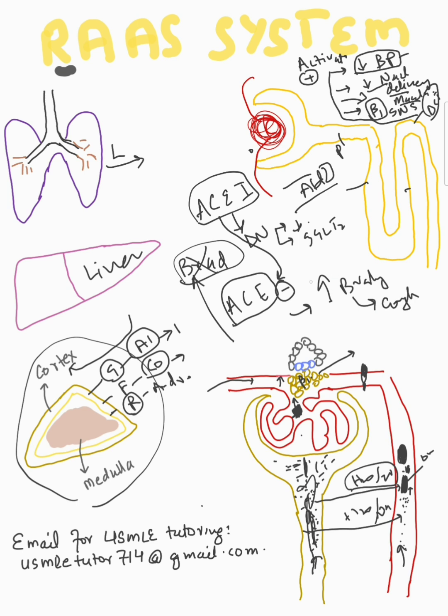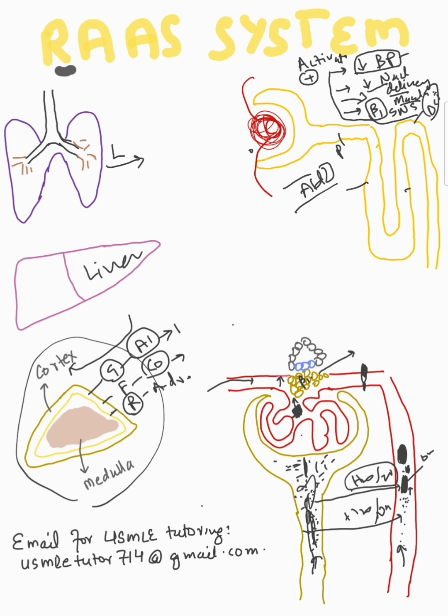So if they ask what is the next step, just switch from ACE inhibitors to angiotensin receptor blockers, because that way you retain the activity of the angiotensin converting enzyme, which continues to break down bradykinin. Bradykinin levels are low, there is no cough, but you still get the benefit. So if there is cough on an ACE inhibitor, switch to angiotensin receptor blockers.